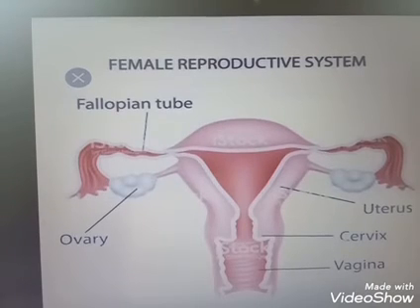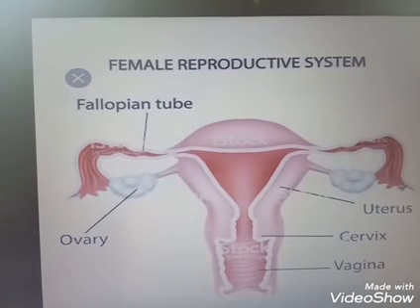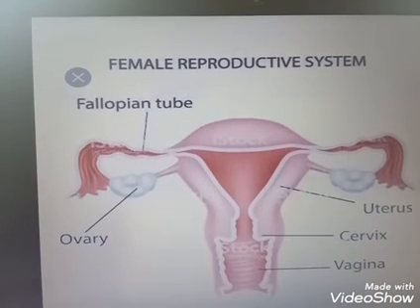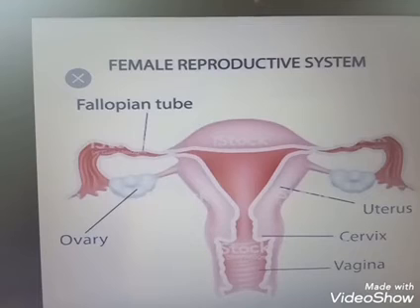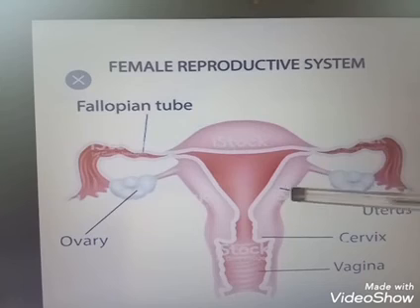Fertilization in mammals occurs in the fallopian tube, and the embryo develops there up to the blastocyst stage. We will discuss what the blastocyst stage is in our next class. So now you understand that the fertilization process takes place in the ampullary isthmus region. Then the next portion is the uterus.